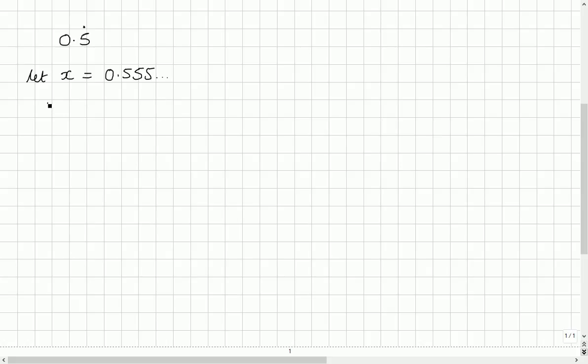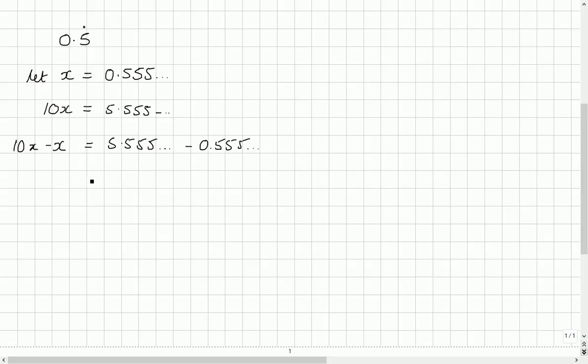To do that, we look at 10x. So take that x value, times it by 10. That would be 5.555. And then all we've got to do is a little subtraction here. So if we work out 10x, take away x, that would be 5.555 recurring minus 0.5 recurring.